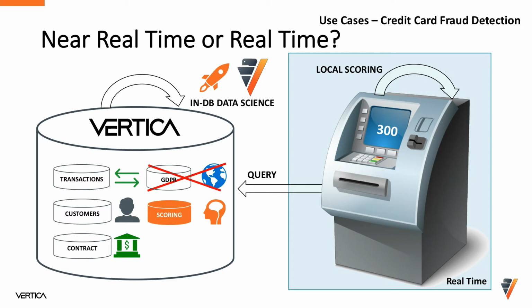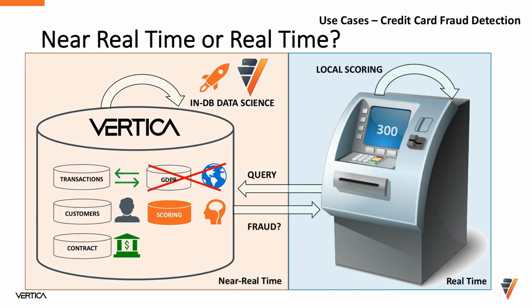This is what we call near real-time. It will take a few seconds to send back the prediction and catch the fraud. Depending on whether we want a real-time or near real-time operation, we can decide to do in-database scoring or to export the model. Everything can be easily done thanks to Vertica.